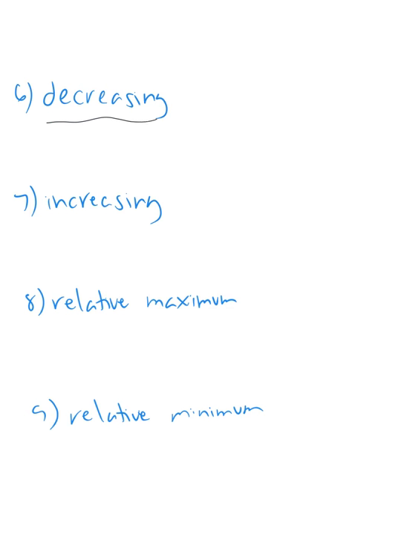So for a decreasing function and an increasing function, for these two, you always read the graph from left to right. Kind of the same way you read a book, right? You read a book left to right.